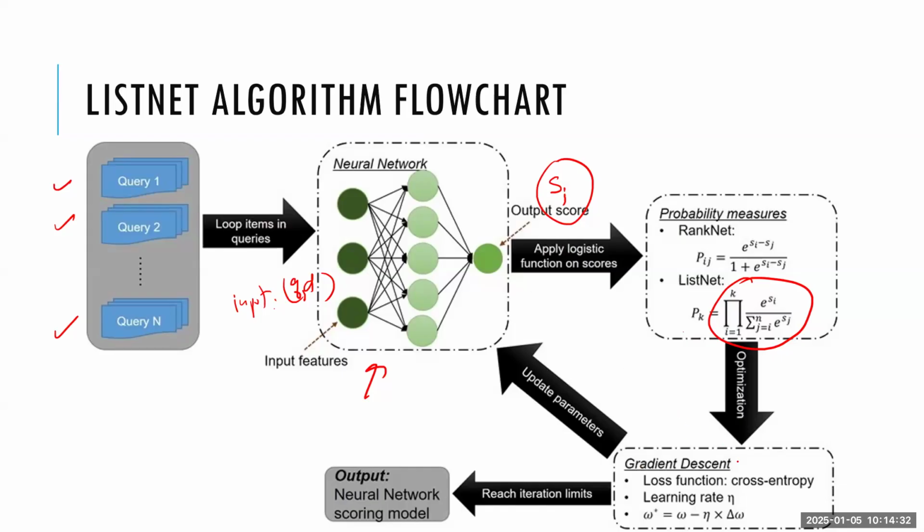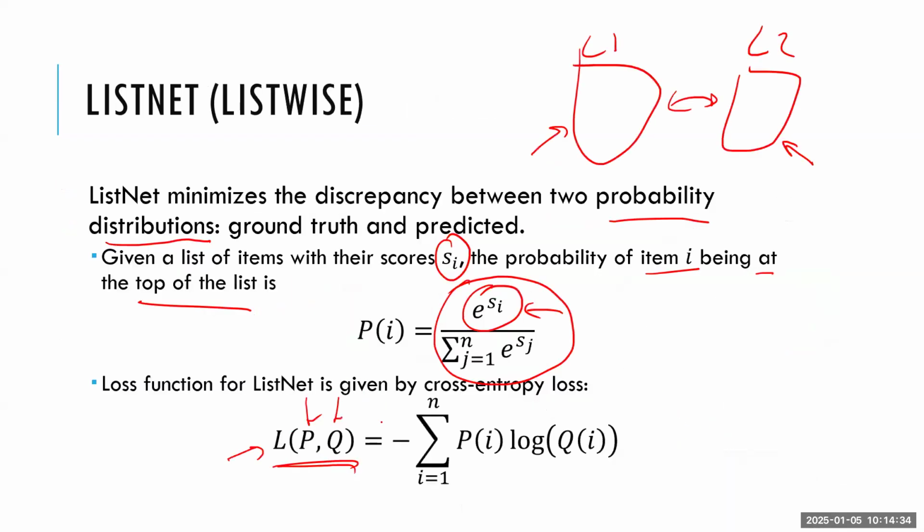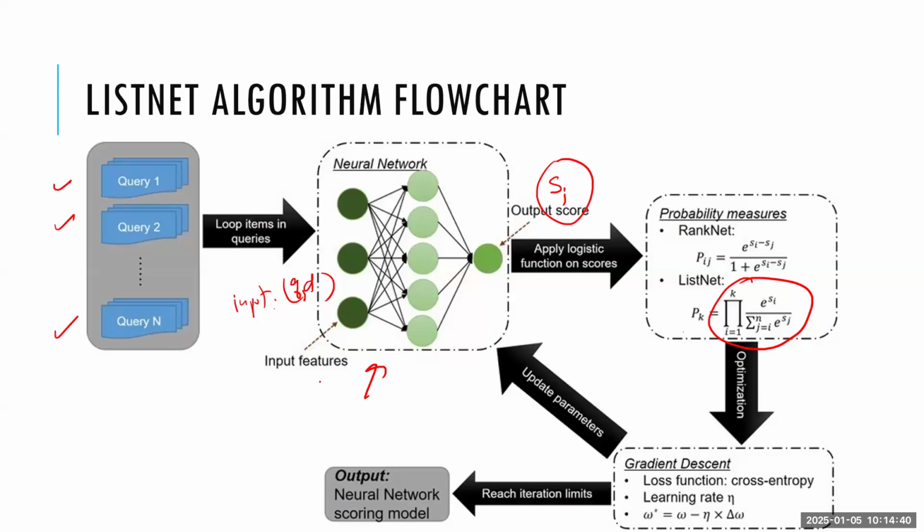And then it's going to use gradient descent to minimize the loss function here, right? And then it's going to keep updating the parameters based on the loss function. So that is the general idea.